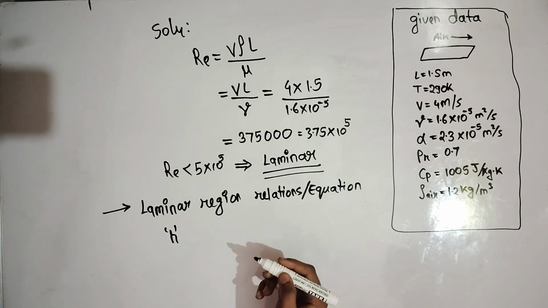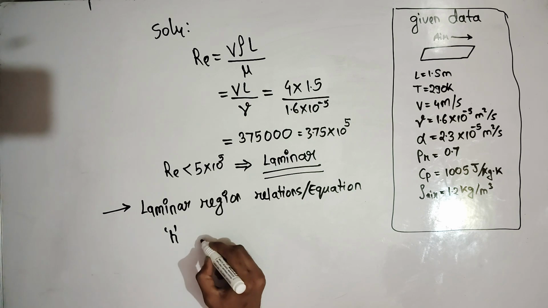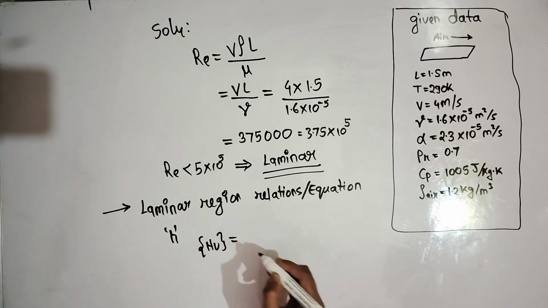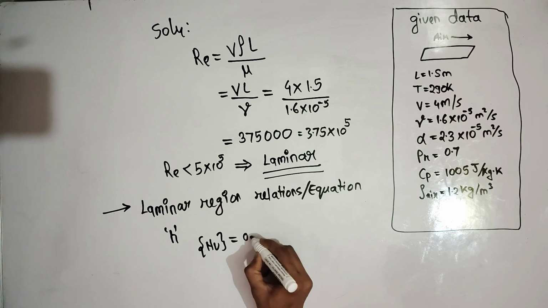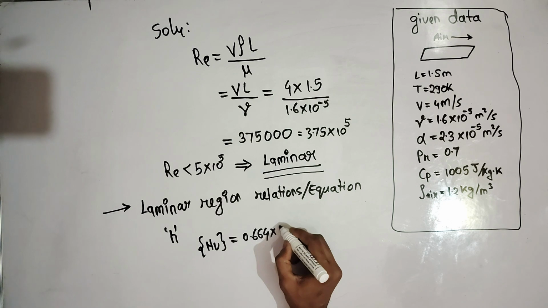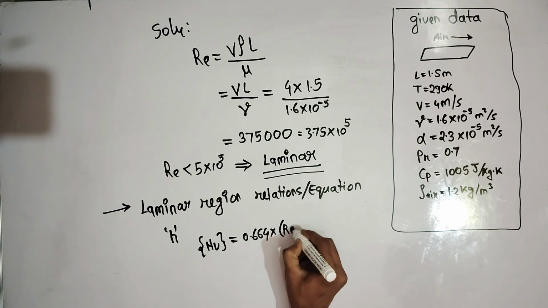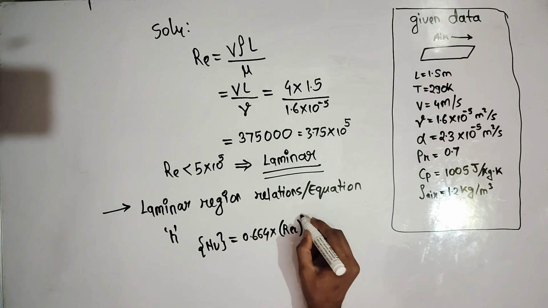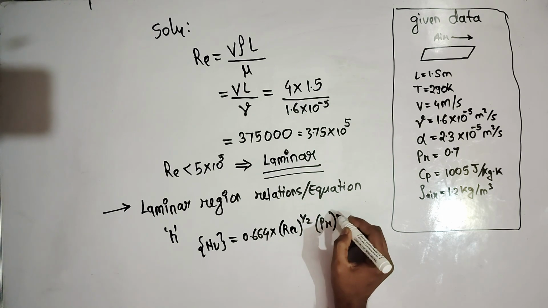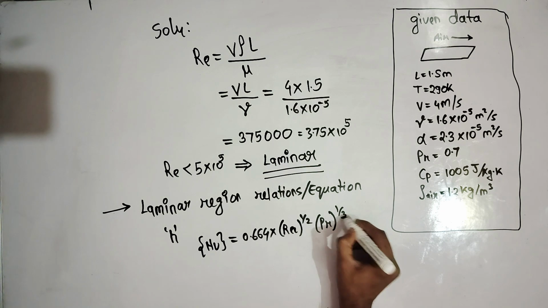To calculate the heat transfer coefficient, we have to use Nusselt number equals 0.664 into Reynolds number to the power 1 by 2 into Prandtl number to the power 1 by 3.